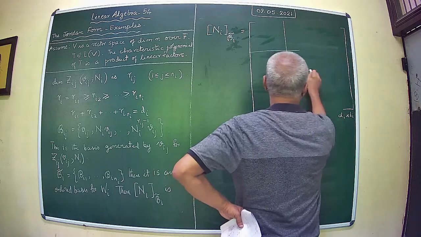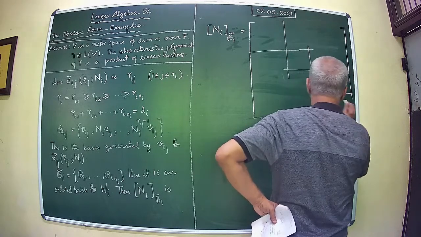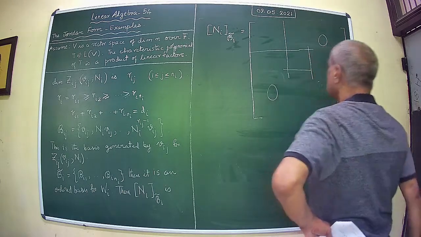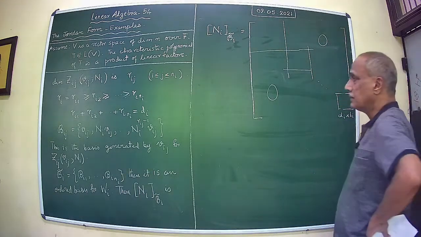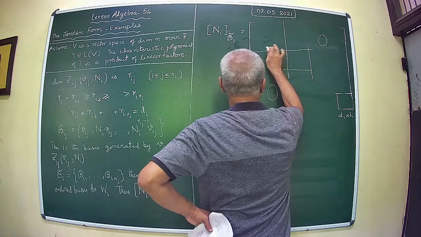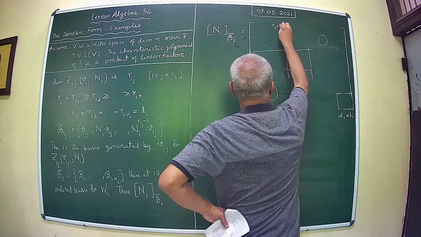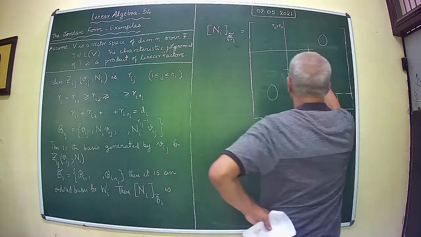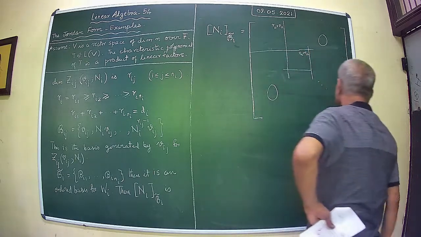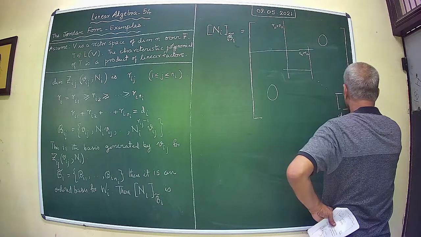Blocks. So the first block is an Ri1 cross Ri1. And this is Ri2 cross Ri2. And this is of course Rini cross Rini.